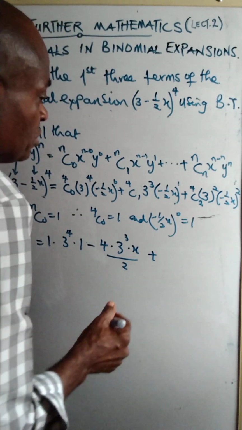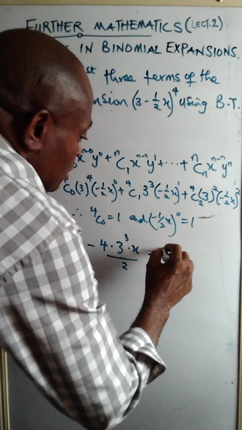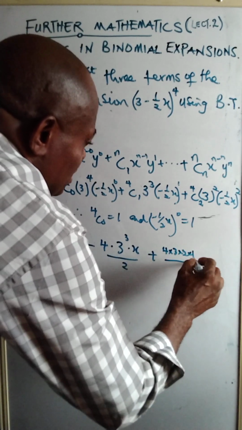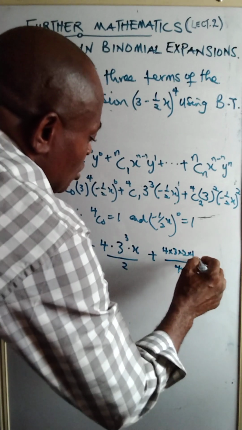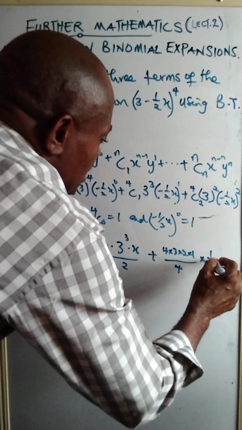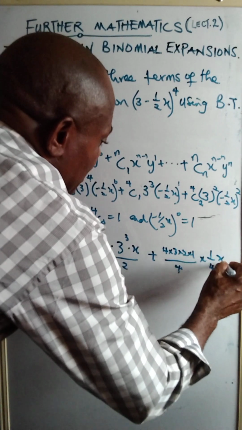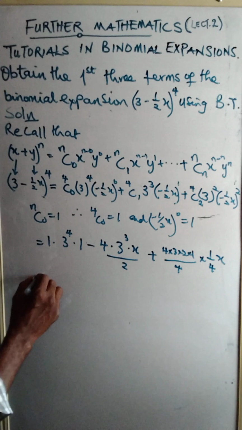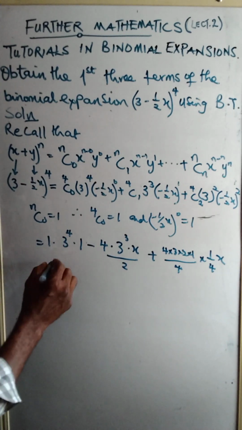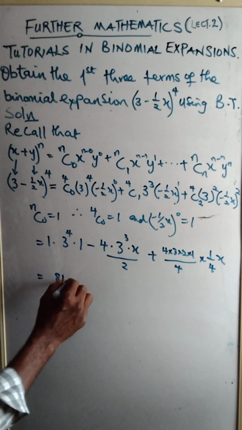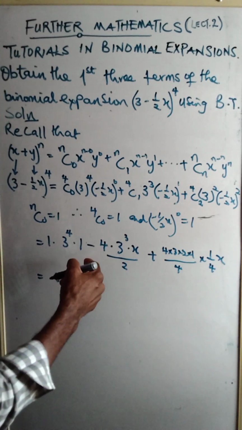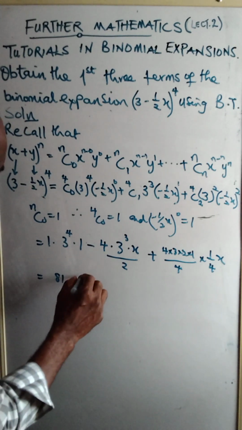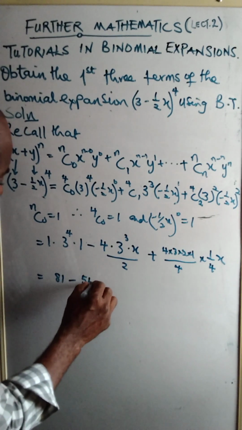And then the next one we are going to have is 4 combination 2, that's going to give you 4 times 3 times 2 times 1 divided by 4, of course, times 1 over 4x squared. So if you continue the evaluation, this is going to be 81 minus 27 times 2, that's going to be 54x.